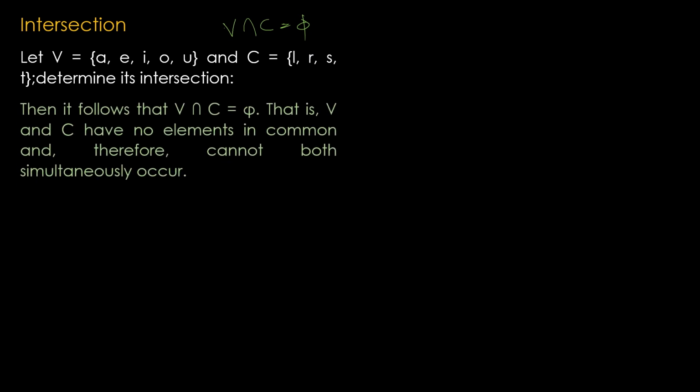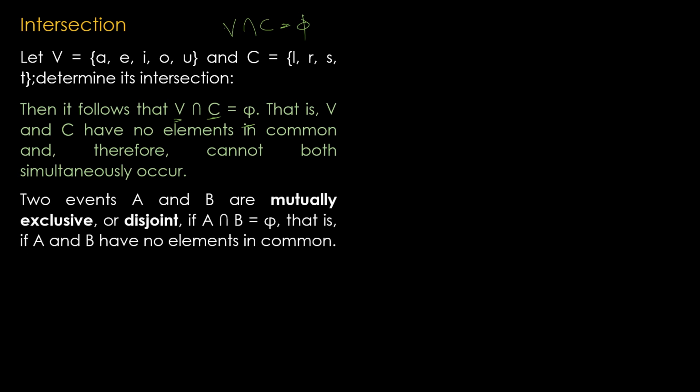So, it follows that the intersection between event V and C is a null set. That is when V and C have no elements in common, and therefore they cannot both simultaneously occur. Di sila pwedeng lumabas ng sabay.